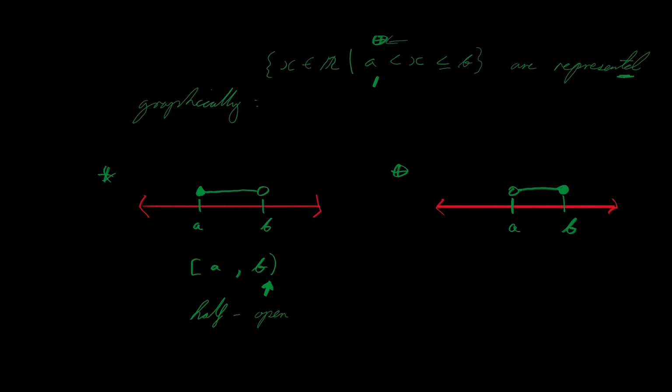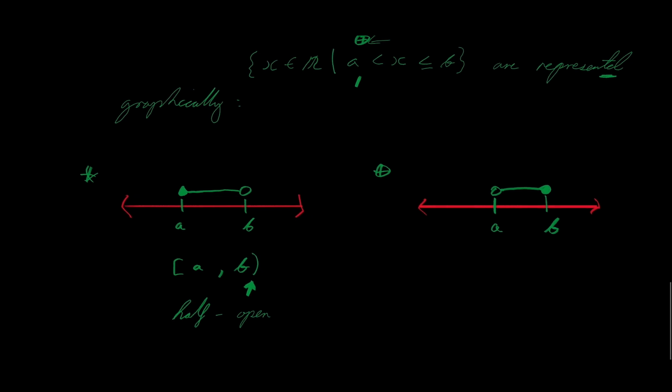Okay, now this one here, the one that I represented by O plus, this one is going to be the half, what do you think, closed or open? It's going to be the half closed interval from A to B. You just notice that both kinds of brackets are being used, and you just look at the right-hand bracket.